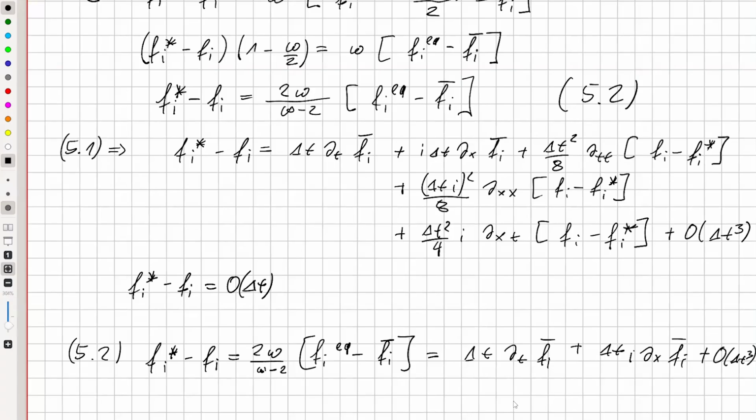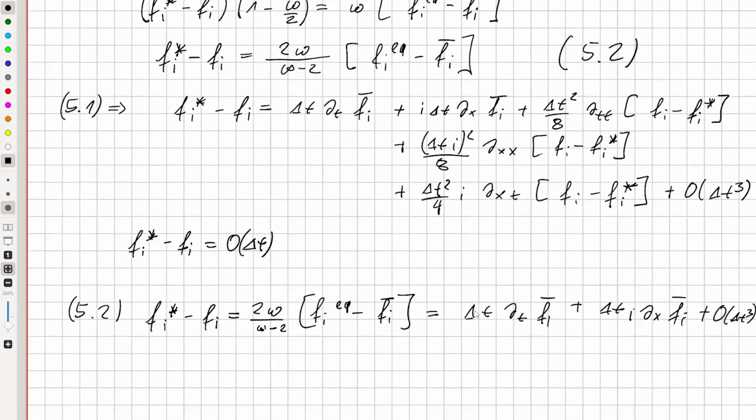And now if you want to rewrite this in terms of our Boltzmann equation, of course we take these things to the left-hand side and divide by delta t.